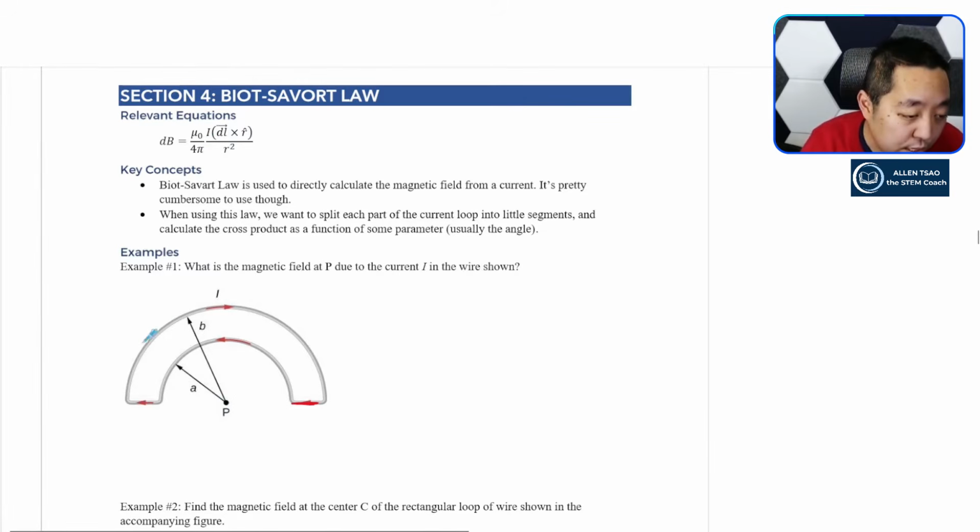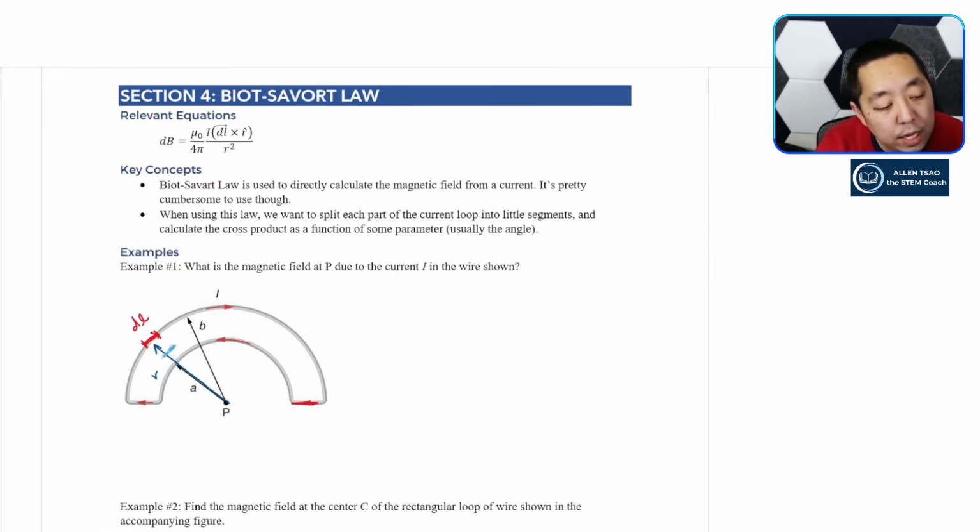What about these segments here, like a segment in this part of the loop? Well, here's the dL, and then the r looks like this. Right? That's my r. So when you're doing dL cross r hat, they just multiply because the dL is perpendicular to the r vector, and r hat is a unit vector, so this just becomes dL.